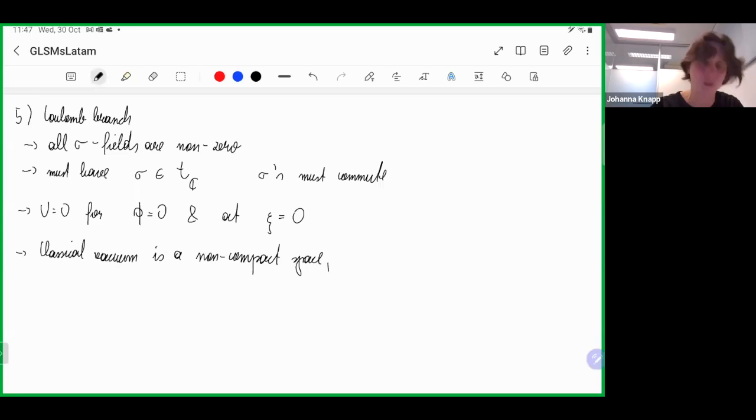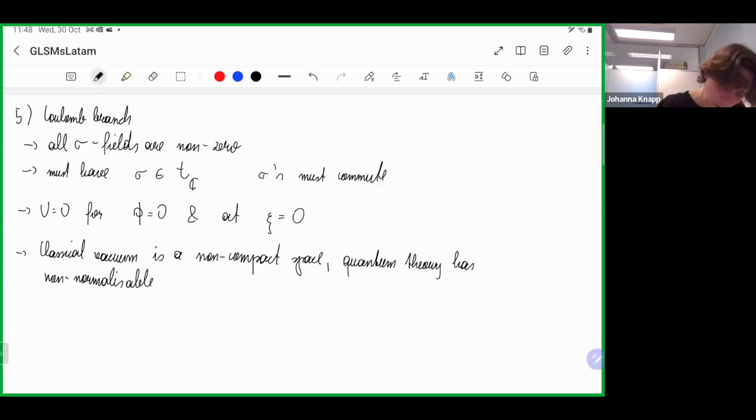So for instance, if you try to quantize it, the quantum theory has non-normalizable wave functions.